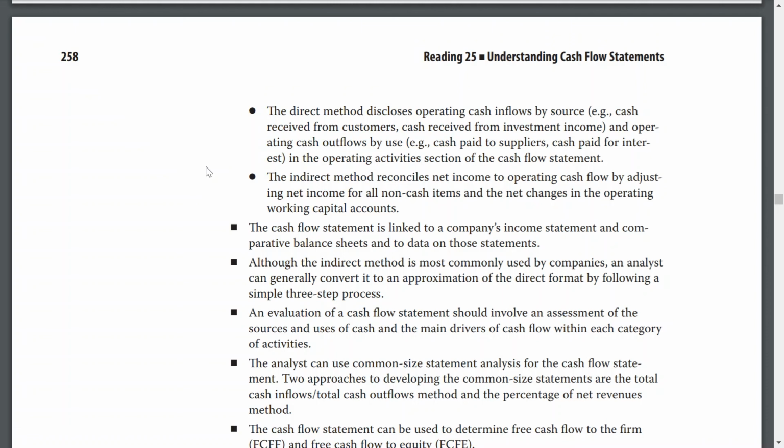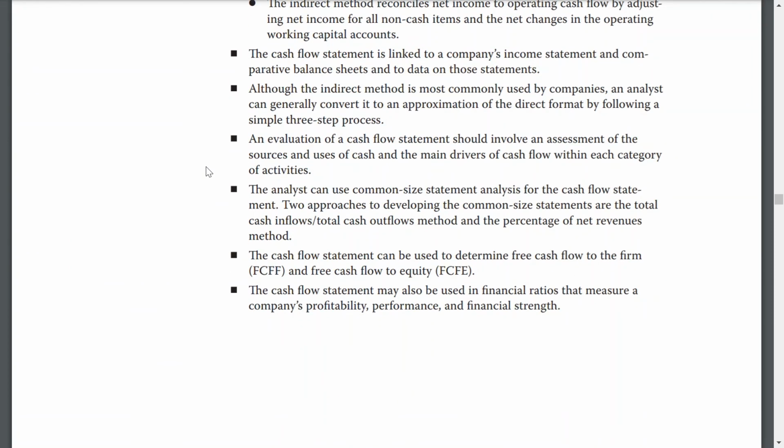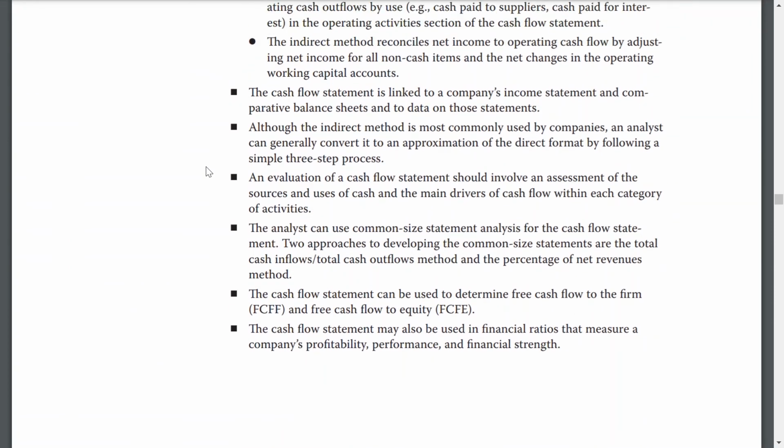Although the indirect method is most commonly used by companies, an analyst can generally convert to an approximation of the direct format by following a sample of 3 simple processes. An evaluation of cash flow statements should involve an assessment of the sources and uses of cash and main drivers of cash flow within each category of activities.